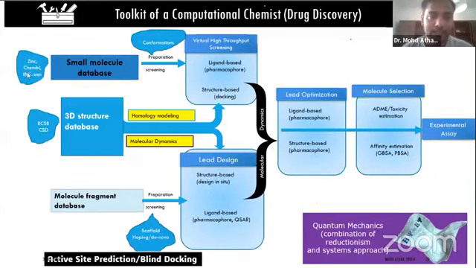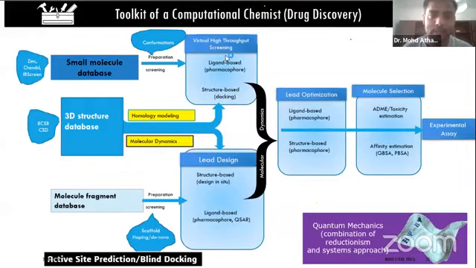So either you can start from a small molecule or from the databases that are there. We have a lot of databases that have a lot of compounds. You can start looking for the drug from that database. You can prepare the ligand. You can go for ligand-based approaches, or you can go for structure-based approaches.